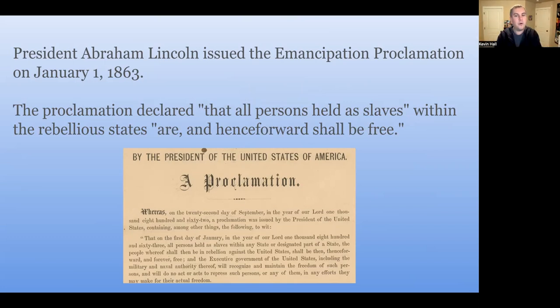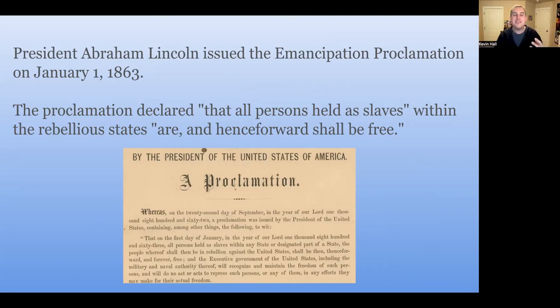Now, notice some other words here. The Emancipation Proclamation only freed the slaves in the rebellious states. It only freed the slaves in the Confederate States. It did not say anything about the North, right? But guess what? It didn't need to say anything about the North because all of the states in the North had already made slavery illegal.